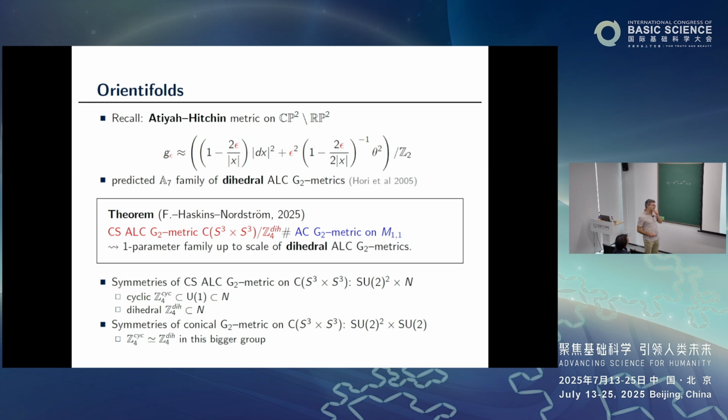So what are the symmetries of this? Well, there's this SU2 squared, and then there's N, the normalizer of U1 inside a third copy of SU2. Inside this N, there are two different finite subgroups Z4: one that sits inside the circle inside this normalizer N, and the other is a dihedral Z4 inside the normalizer.